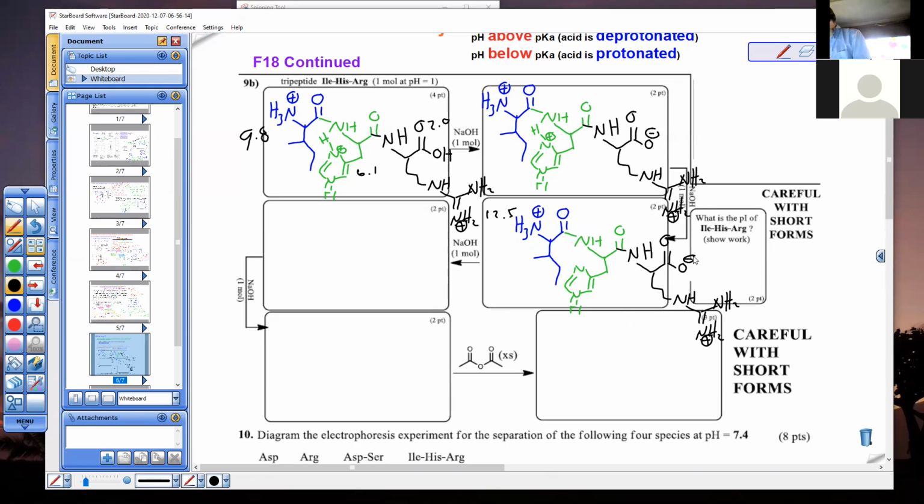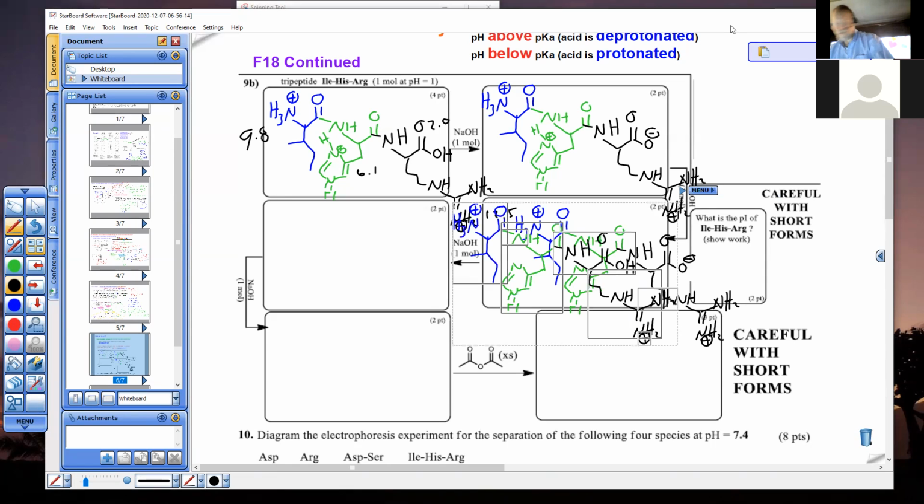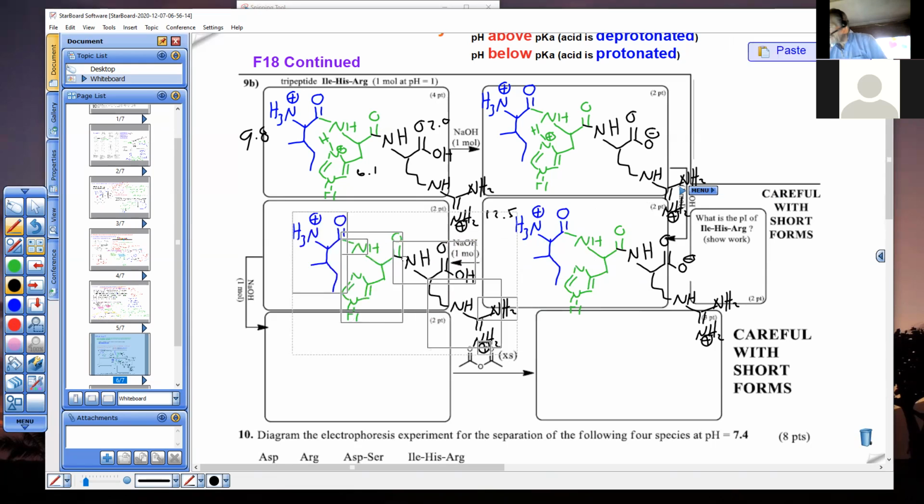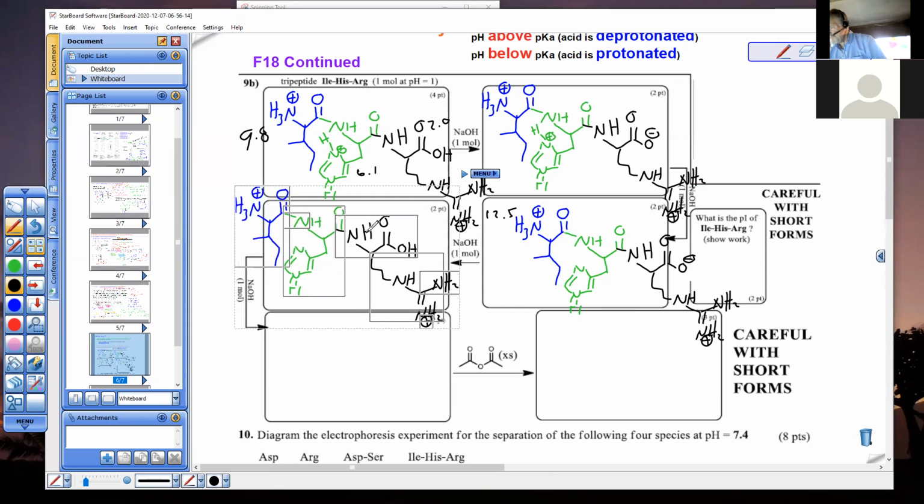The 6.1's already off. What's the next one to come off after the 6.1? The 9.8. I don't know why it's not remembering what I pasted before. There we go. All right. So 9.8 is going to be off.